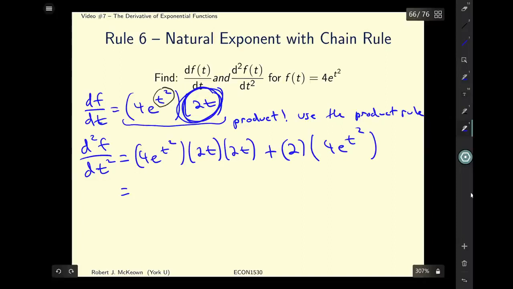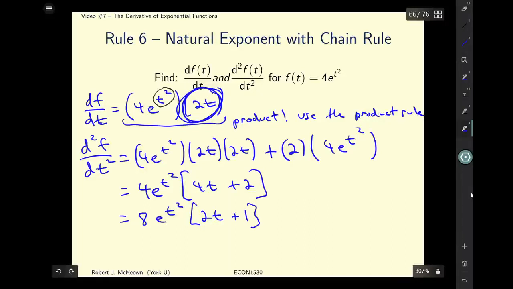And I can do a little bit of simplifying here. I can write e to the t squared, and now I've got 2t plus 2 inside there, and then I could factor out a 2. So I've got t plus 1. And there is our second derivative.